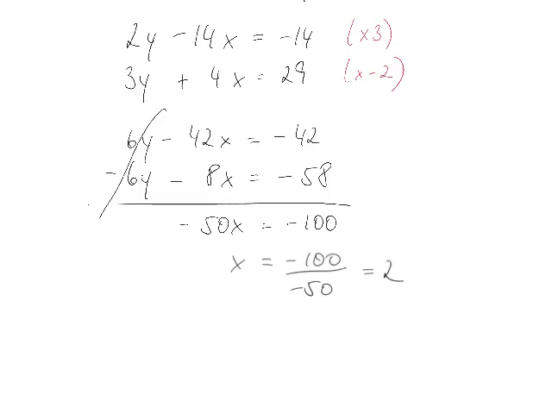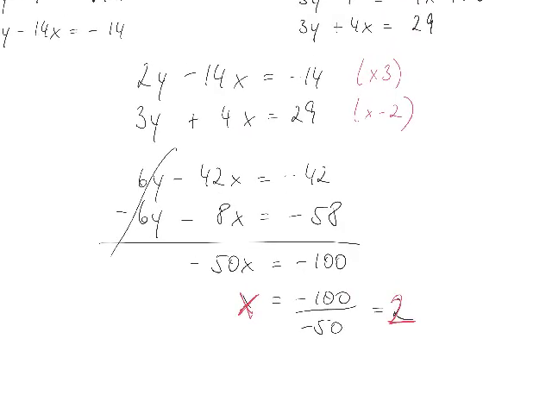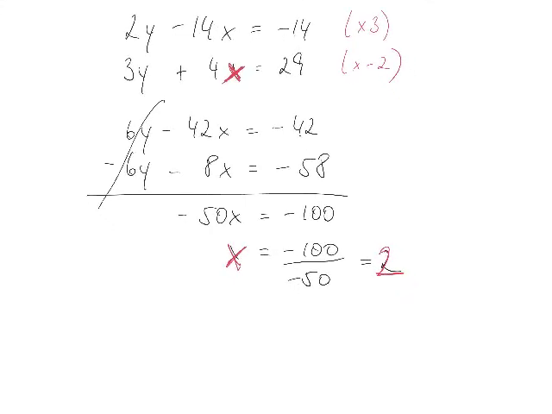So I have the x value of the center. Now I need to find the y value. And I think I put this x, the 2, into this equation, into this x instead of this. Yeah, so I replace this x by 2. So 3y plus 4 times 2 equals 29.